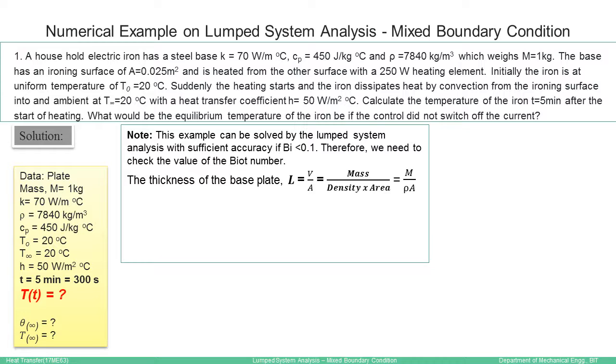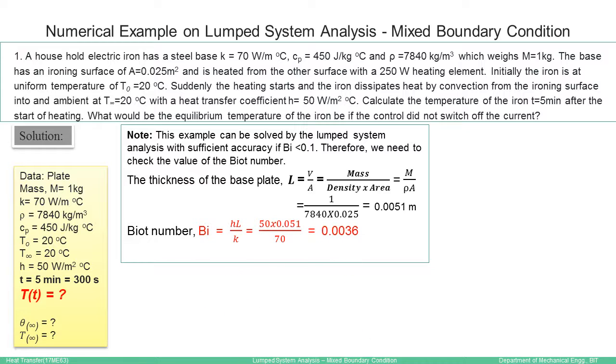Because of that, volume becomes equal to mass by density. And this L now is equal to mass divided by density into area, which is M divided by rho into A. We know the mass 1 kg, density is known, and the area is given. We can calculate the characteristic dimension or thickness of the plate for this case as 0.0051 meters.